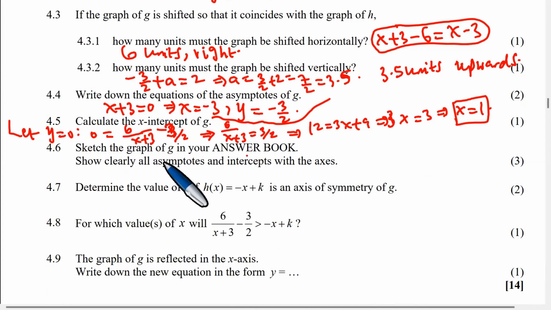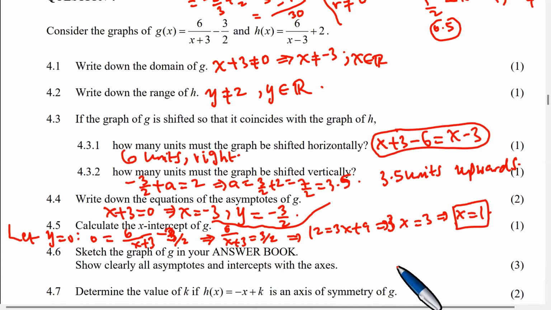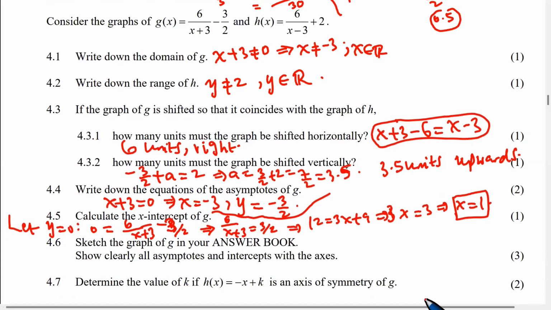Sketch the graph of G in your answer book and show clearly all asymptotes with the axis. I'm going to draw a small baby graph. So this is y and this is x.